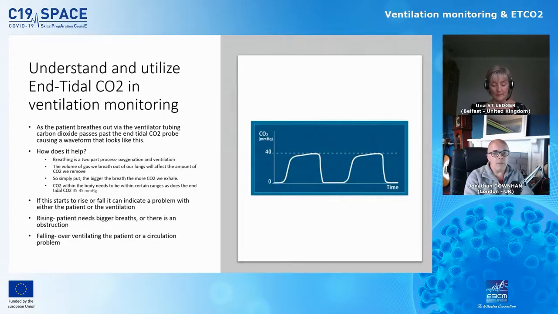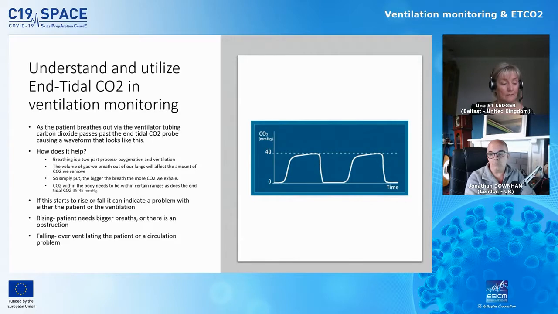The next part that many people don't encounter very often, other than in intensive care, perhaps in the emergency department and probably in the operating theatres, is the end-tidal carbon dioxide monitoring that we use. The important thing to understand is that as the patient breathes out via the ventilator, via that tubing, the carbon dioxide is breathed out.